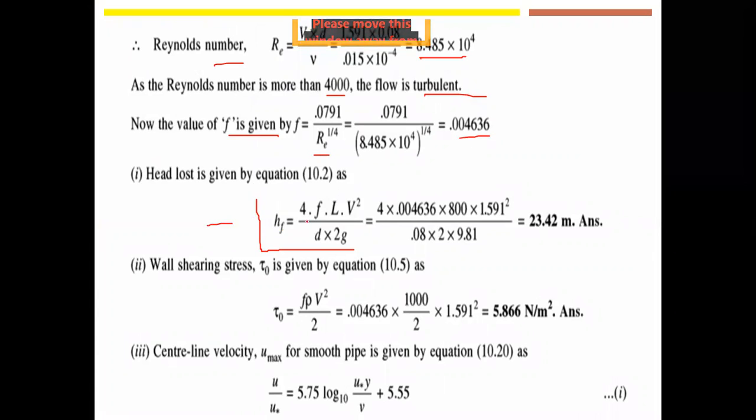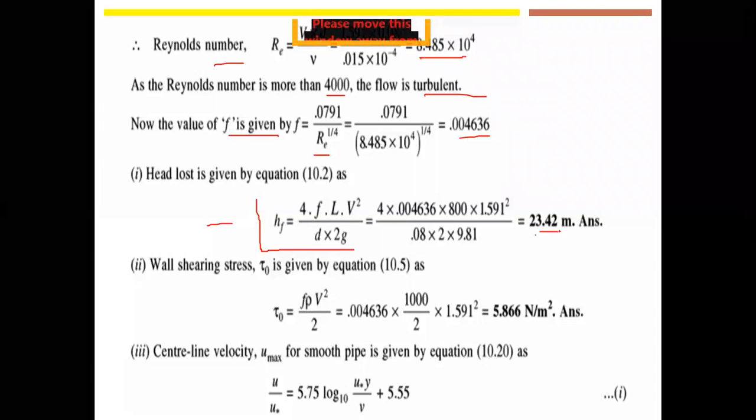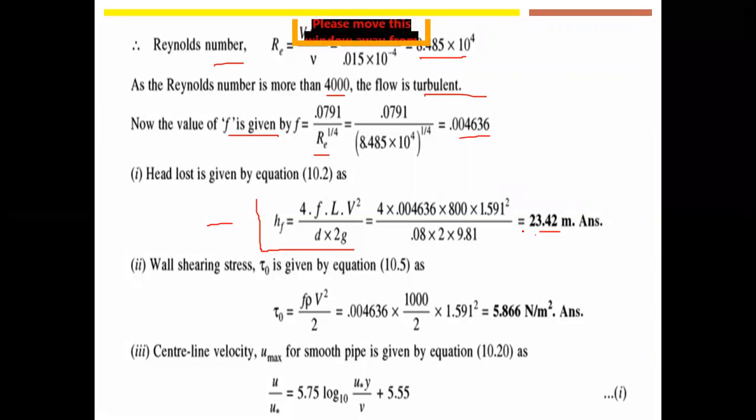Therefore substitute 4 into the f value we already took, into L equal to 800, V equal to 1.59 square, divided by diameter 0.08, 2 into g 9.81. So the head loss is equal to 23.42 meters. Everything should be in meters. Okay? Therefore the value is 23.42.